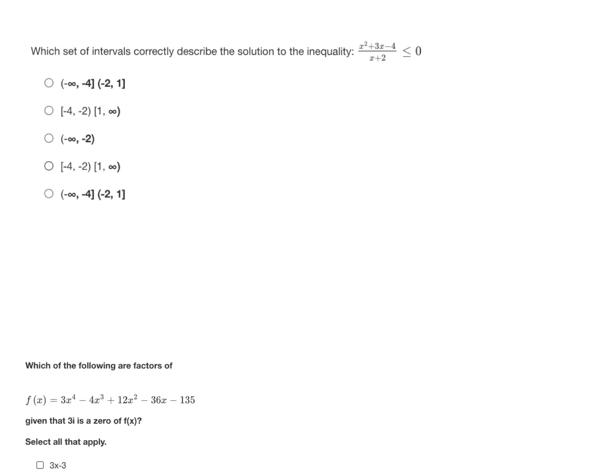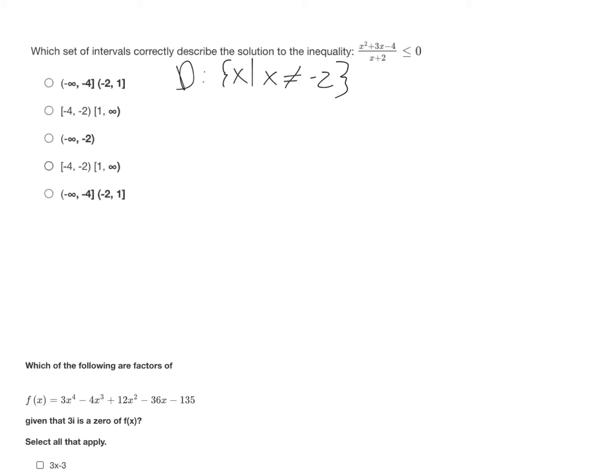First thing I would think about when graphing is that my domain is everything except for -2. So -2 becomes an important point because that's a spot where my function is undefined, and that means that my function could potentially change from being negative to positive or positive to negative at that undefined value.